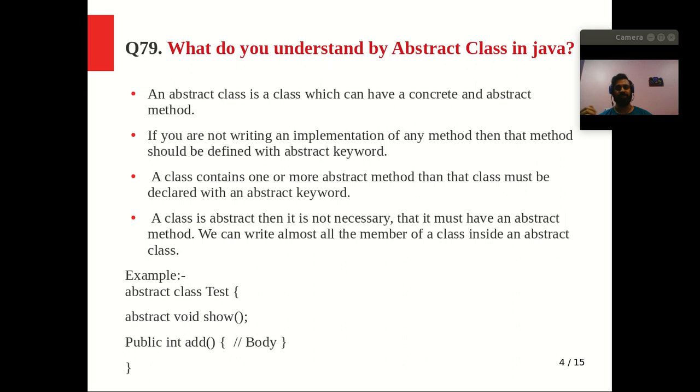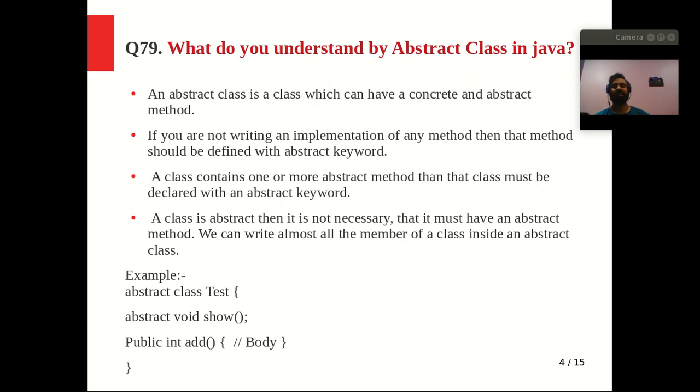Now let's move to the second question: what do you understand by an abstract class in Java? This is an important question. An abstract class is a class which can have concrete and abstract methods.